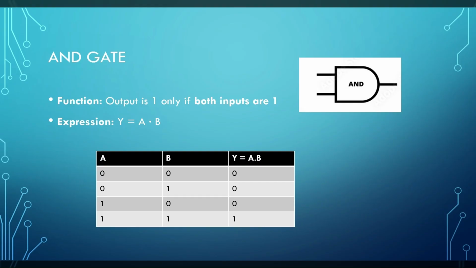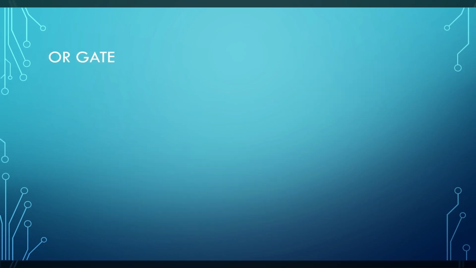Now multiply these two. 0 into 0 is 0, 0 into 1 is also 0, 1 into 0 is 0, and 1 into 1 is 1. So the idea is we get the output as 1 only when both the inputs are 1, otherwise the output is 0.